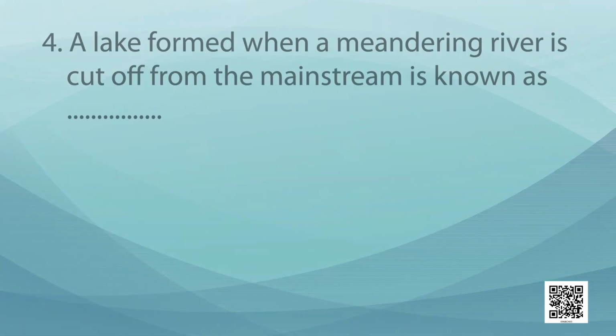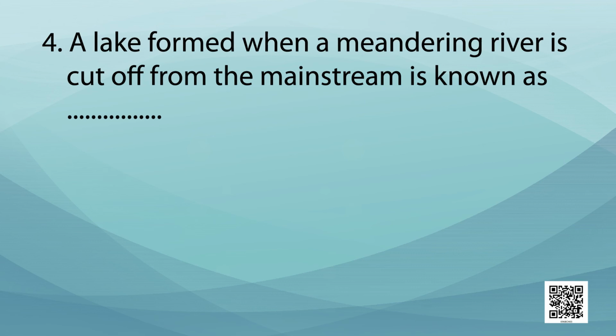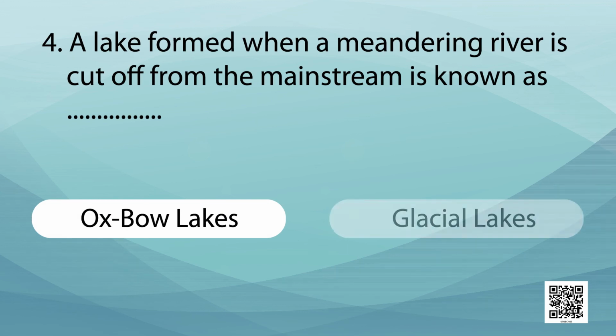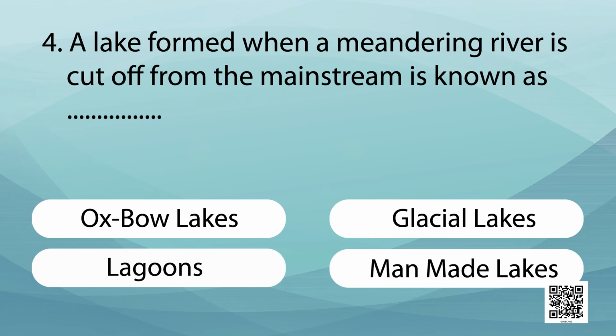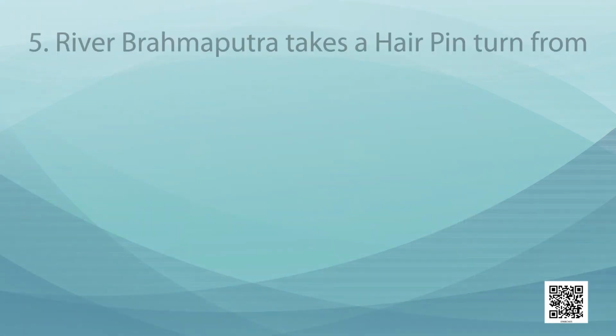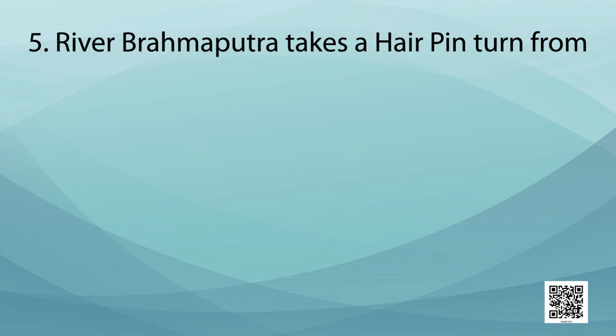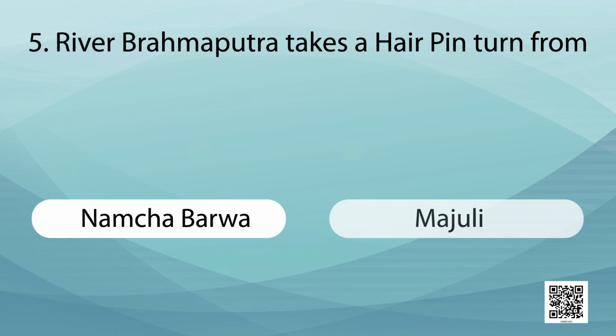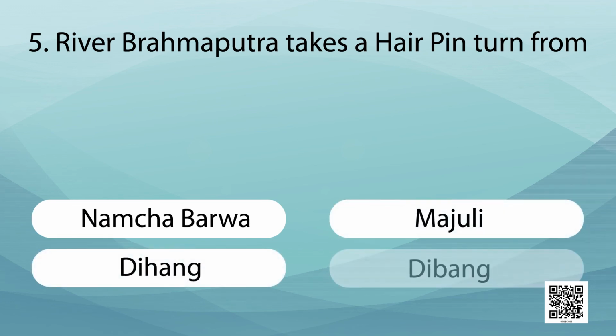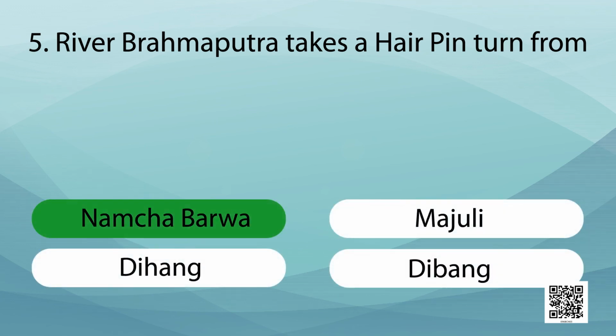A lake formed when a meandering river is cut off from the main stream is known as oxbow lake, glacial lakes, lagoons or man-made lakes. Correct, they are called oxbow lakes. River Brahmaputra takes a hairpin turn from Namcha Barwa, Majuli, Dihang or Dibang. It is Namcha Barwa.